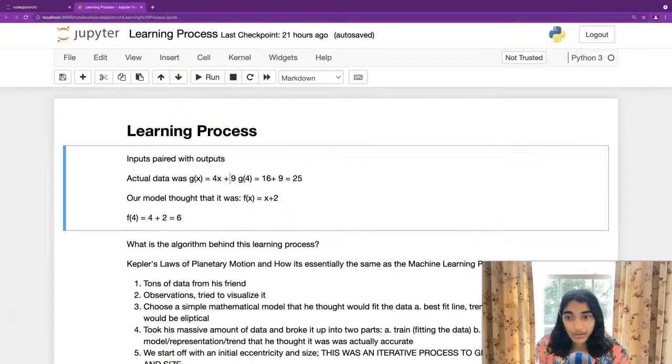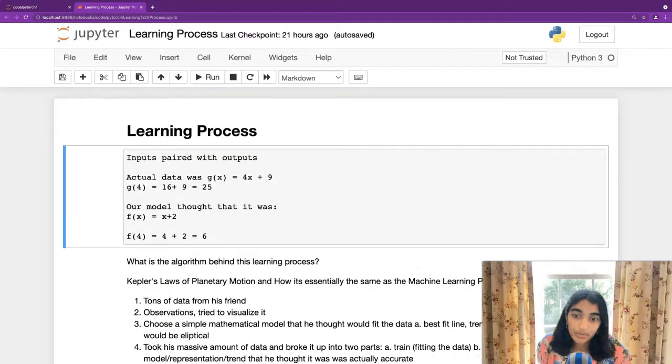So for example, our actual data was probably 4x plus 9. We probably thought that it was x plus 2, which was completely wrong. But if we had a good approximation, maybe 4x plus 8, that would be good. And if we plugged in a new value, like 4, into our model, we would get accurate results. If we don't, then we're going to get ridiculous results that don't match at all.